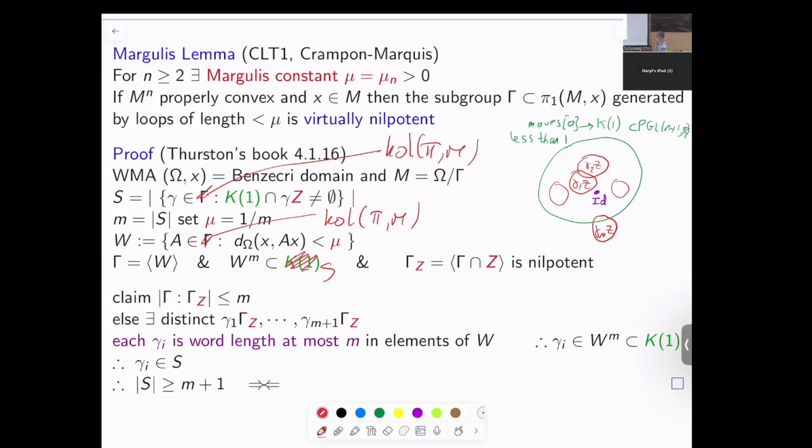So why is that? Well, if that's not true, there are m+1 distinct cosets of this subgroup in gamma.